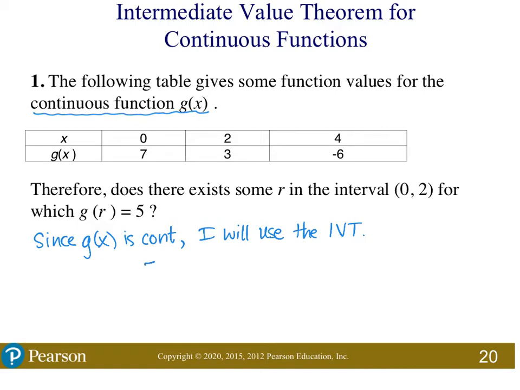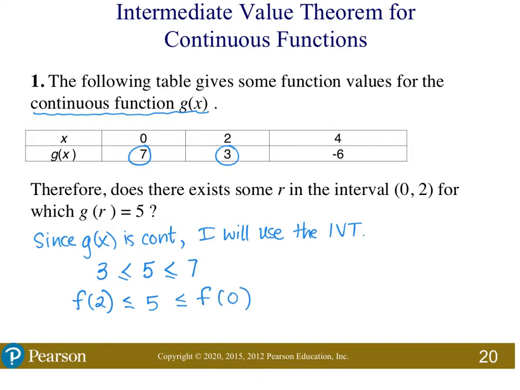So you start with the number 5. And can you put that between any values from the chart? It's like, oh, well, there's a 7 and there's a 3. So 5 is between 7 and 3. 3 is the f of 2. 7 is the f of 0.